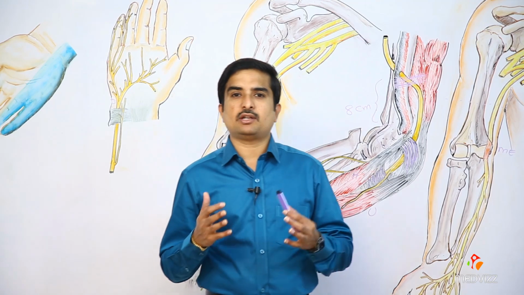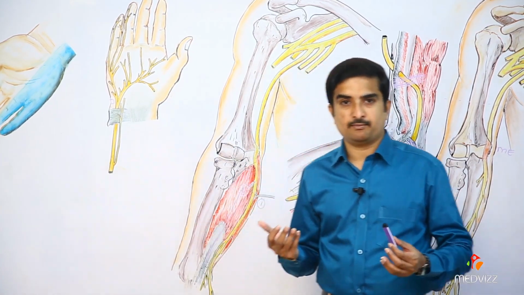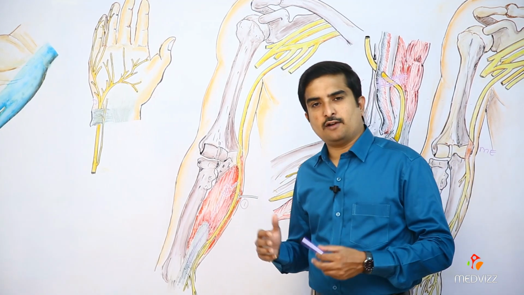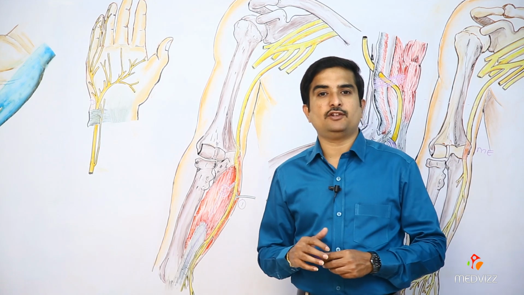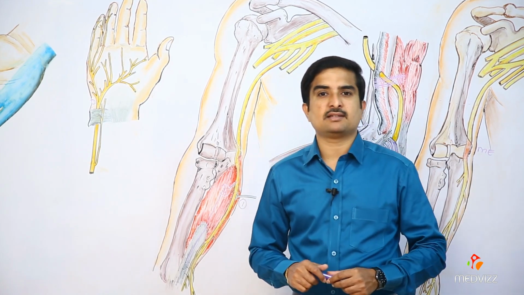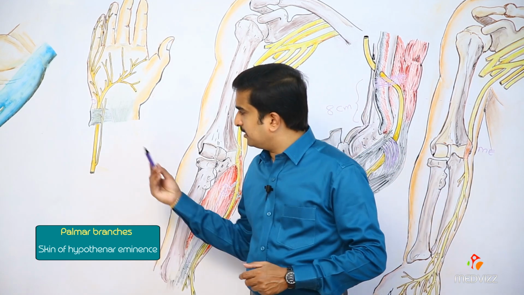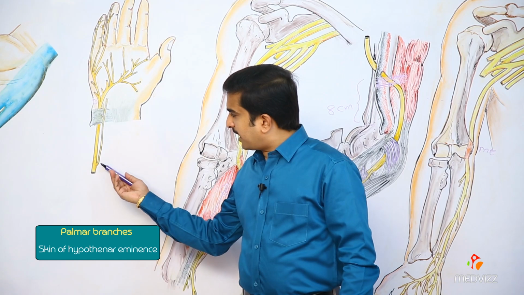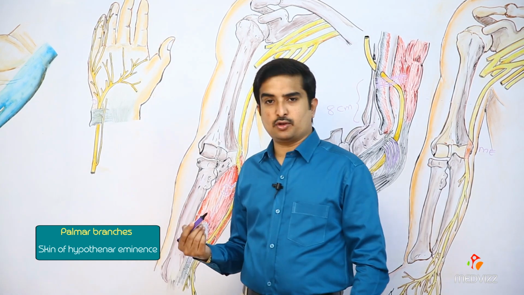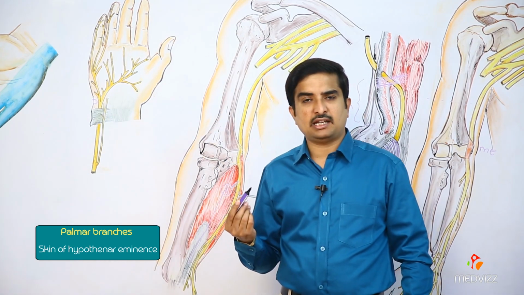If you talk about the palmar branch, it arises at the middle of the forearm, right? The palmar branch of the ulnar nerve, that is the palmar cutaneous branch, arises in the middle of the forearm, and it mainly supplies the skin of the hypothenar eminence. As you can see, this is the palmar branch, and it passes superficial to the volar ligament.